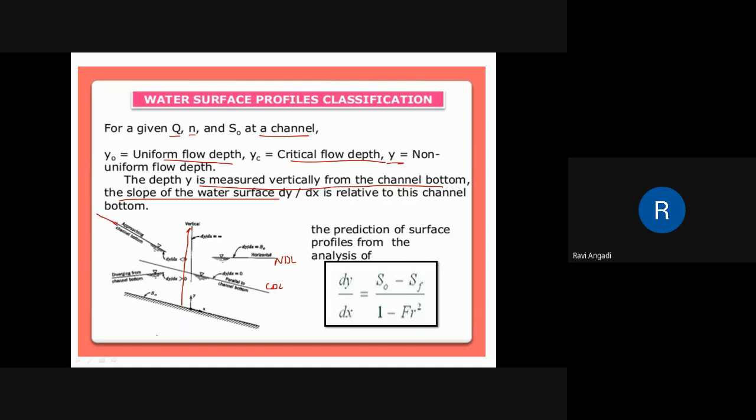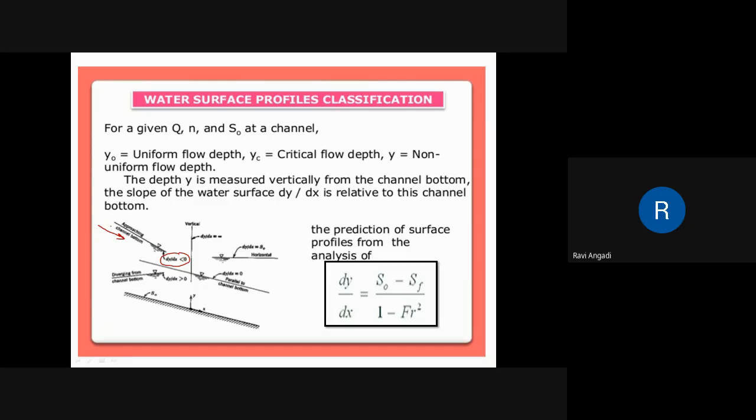Suppose dy by dx is less than 0, how will the flow approach? Downward, it is coming down.